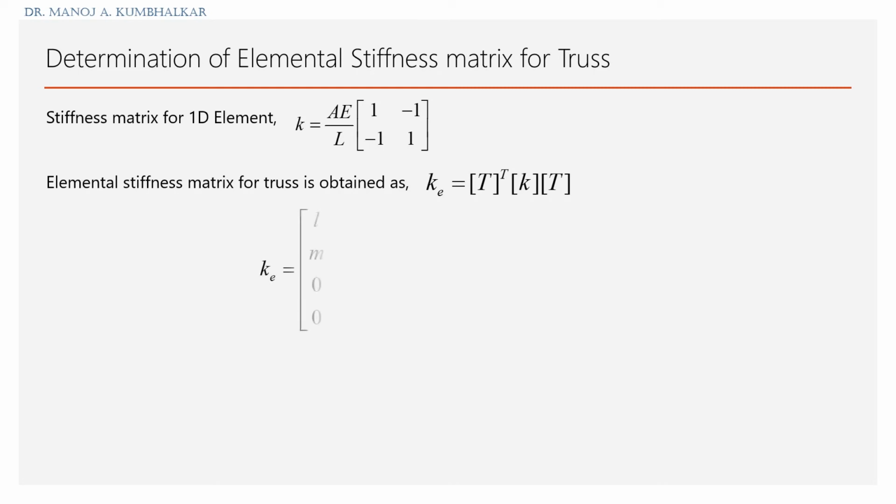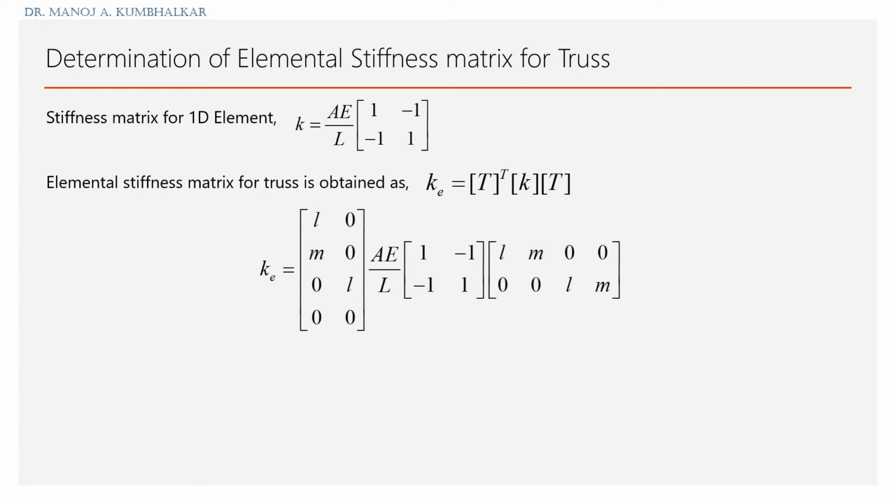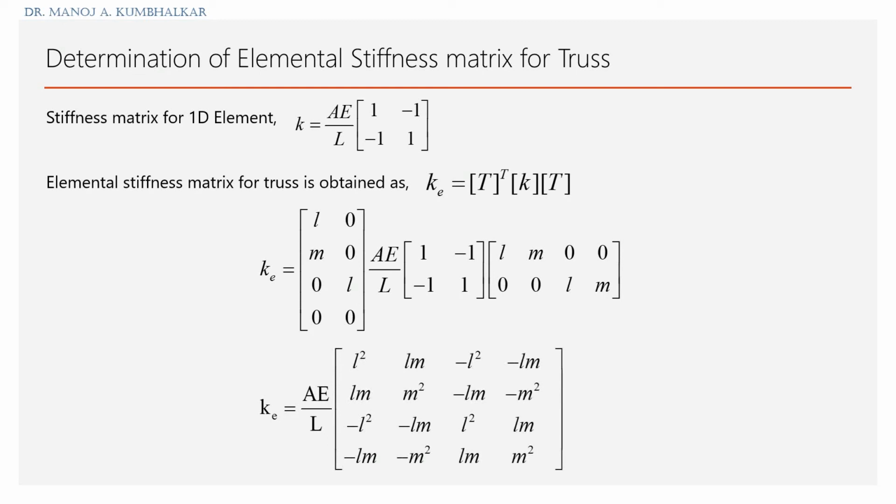So, write down the matrices, the transpose of the transformation matrix, that is L M 0 0 and 0 0 L M. Sorry, here M is required instead of 0. AE by L 1 minus 1, minus 1 1, into the transformation matrix, that is L M 0 0, 0 0 L M.